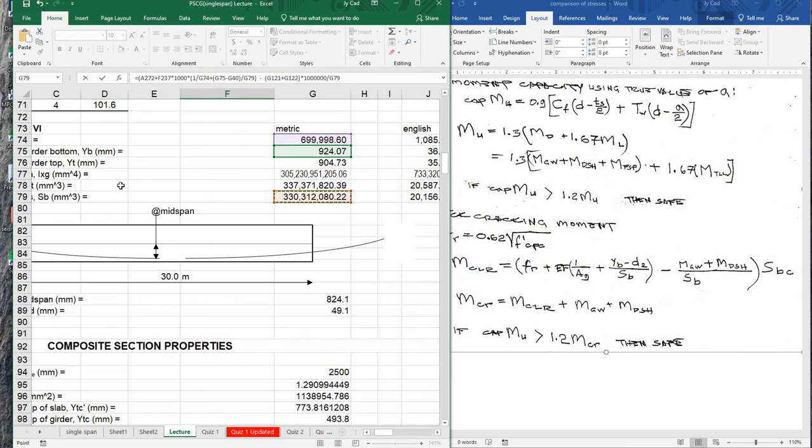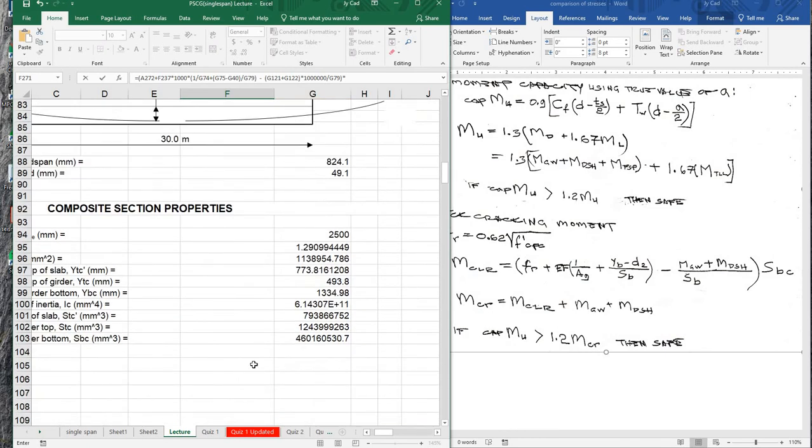And then, close parenthesis, multiply that by your transformed bottom section modulus, SBC. Ayan.